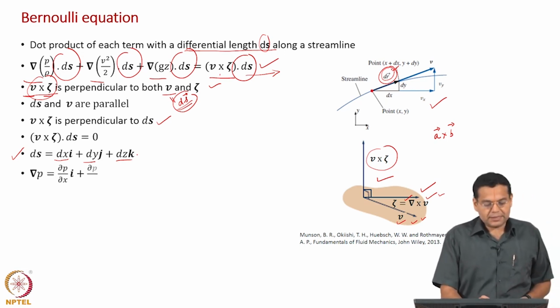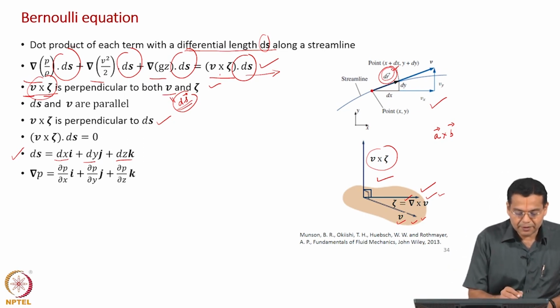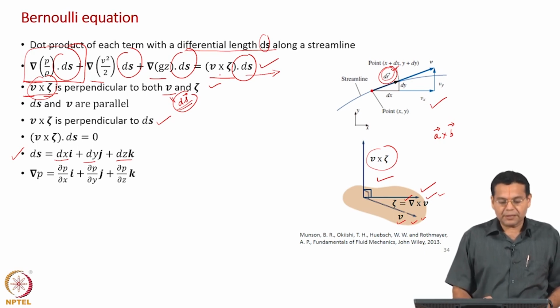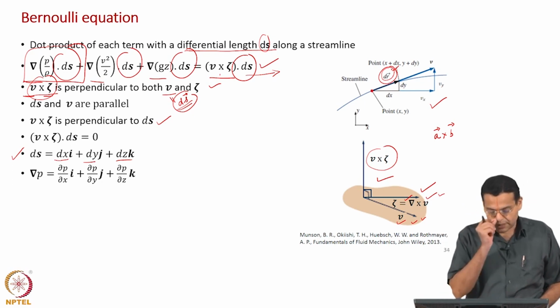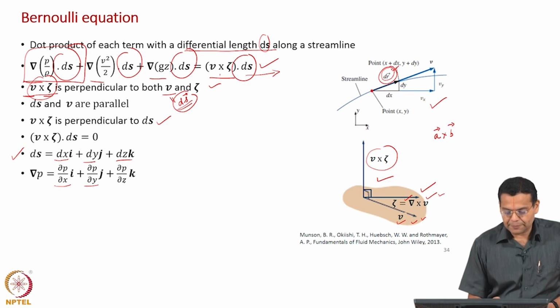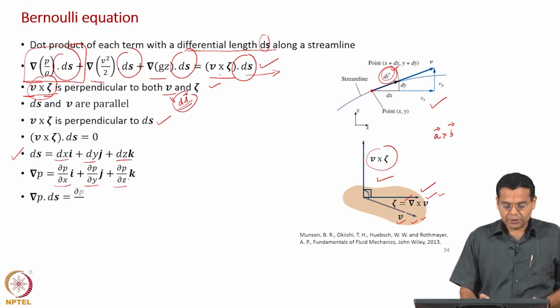And now, let us try to evaluate the first term on the left hand side. Instead of evaluating gradient of p by rho, let us for the moment take gradient of p dot ds. So, what is gradient of p? Dou p by dou x i, dou p by dou y j, dou p by dou z k. Now, let us take the dot product of gradient of p with ds vector.